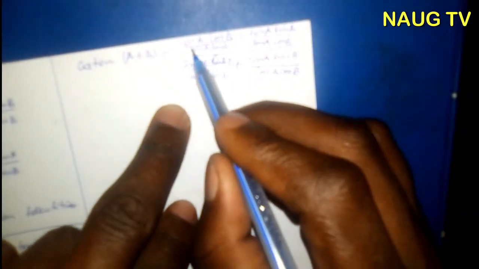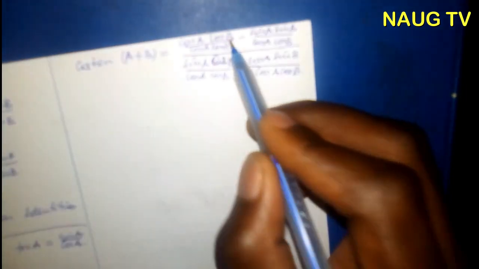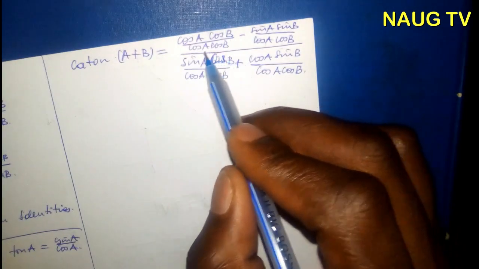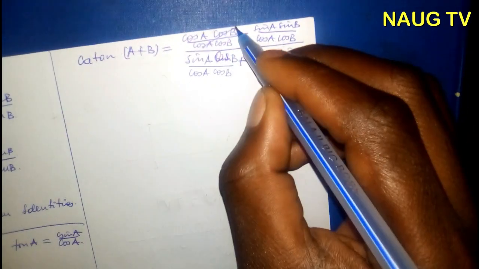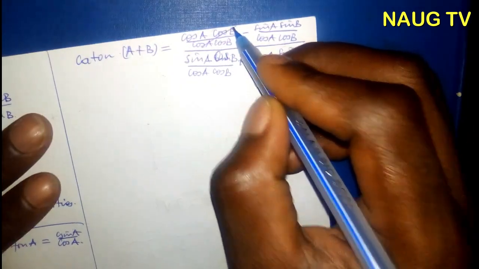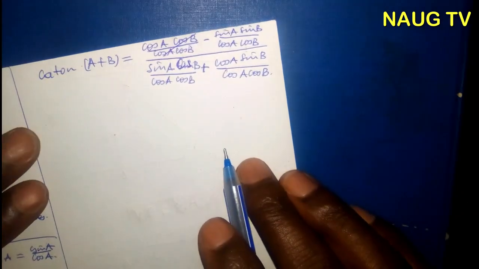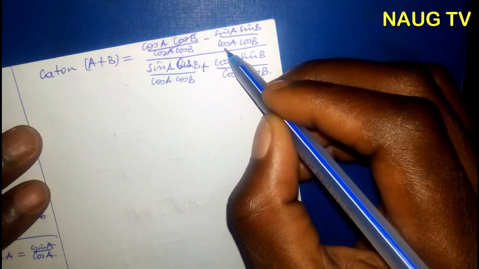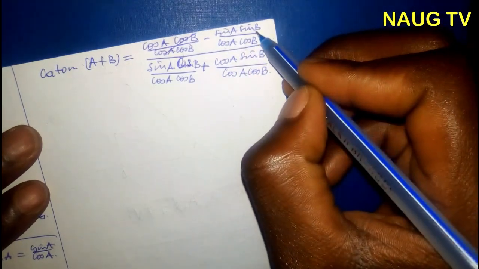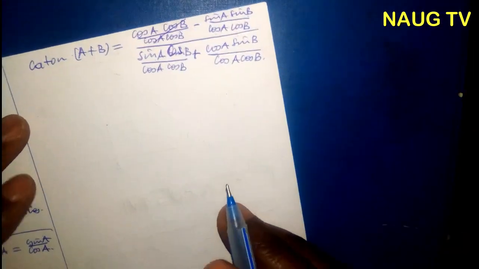So here cosine A cosine B over cosine A cosine B would be equal to 1, and also here, this would not be reduced.